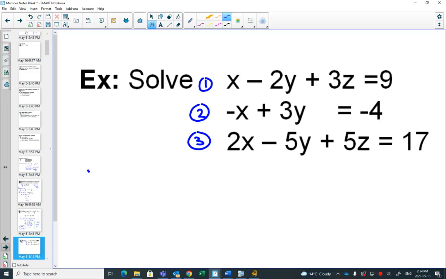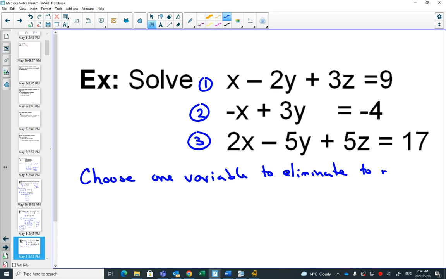So step 1, you're going to choose one variable to eliminate to make 2 equations with 2 unknowns.